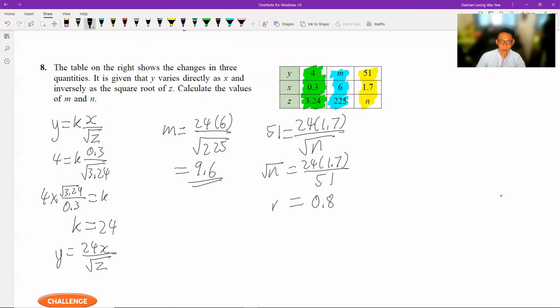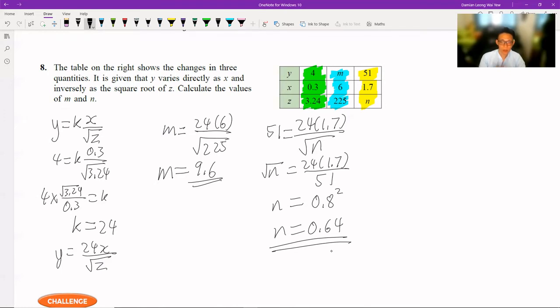Square root opposite is square. So I square the 0.8, 0.64. So n value is 0.64. That is question 8, the value of m and n. Okay, so to find missing unknowns from your variables, given the other two values, first we always have to form the equation.